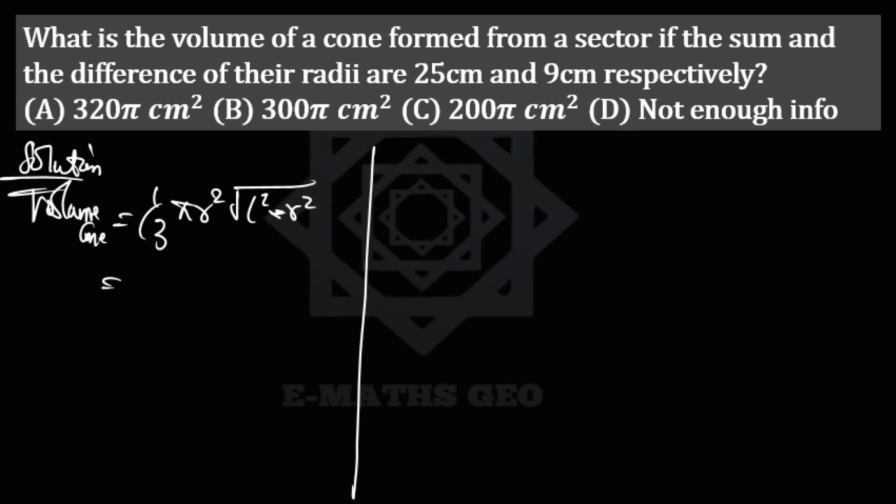Since they gave us the sum and the difference, we convert this to a difference of two squares, which is L plus R times L minus R.